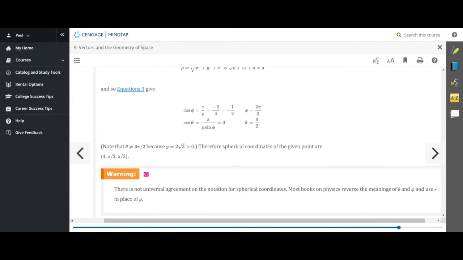Okay, so I think we're pretty good. Let me just take a peek at something real quick. I'm just peeking at the homework here. I'm going to activate that homework for 9.7.